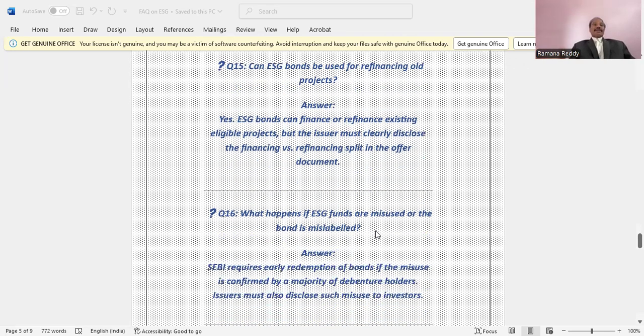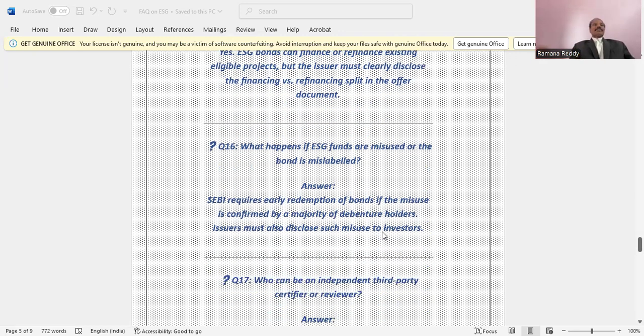Another question: what happens if ESG funds are misused or the bond is mislabeled? SEBI requires early redemption of bonds if the misuse is confirmed by a majority of the debenture holders. Issuers must also disclose such misuse to investors.